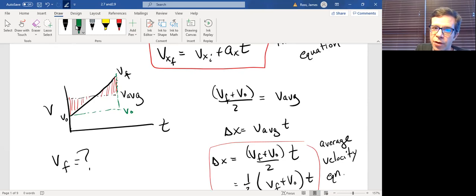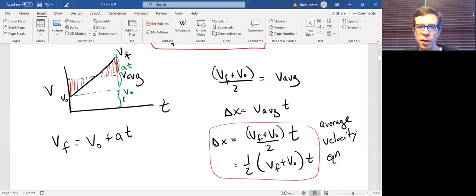Well, we've already got our equation up here, right? But you can see how it arises graphically too. This is my v naught, or I've written it as sub i here instead of sub o. And the change is a times t. So that gives us our v final equal to v initial plus at.